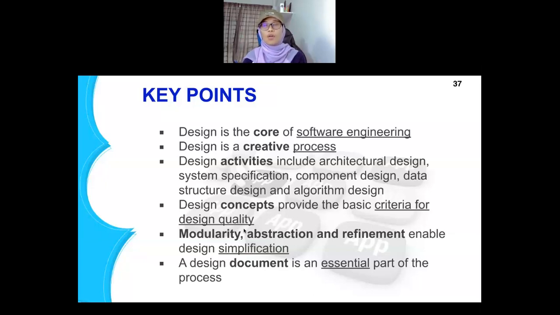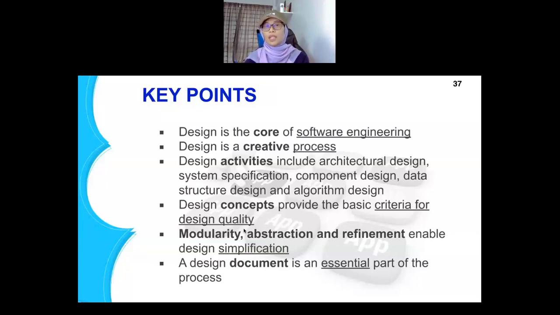Design is a creative process, so it has a visual view, to simplify the explanation of the complex system into a simplified visual explanation. Design activities include architecture, system specifications, component design, data structure, and algorithm.